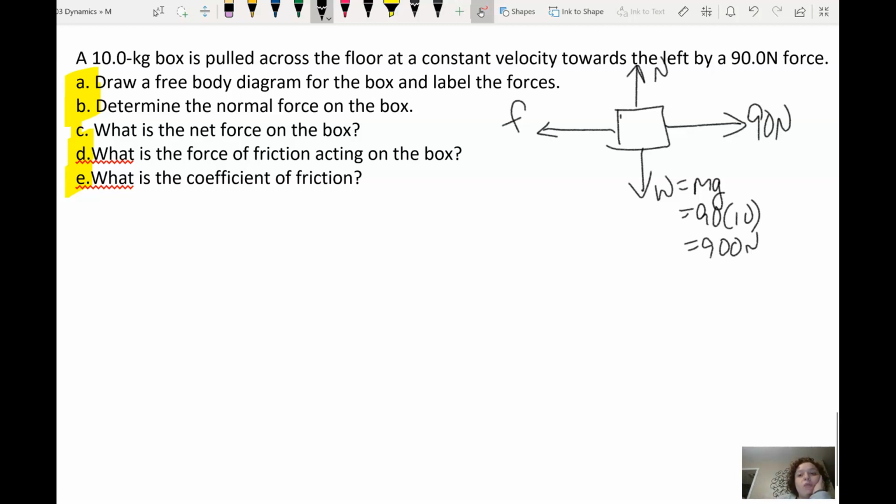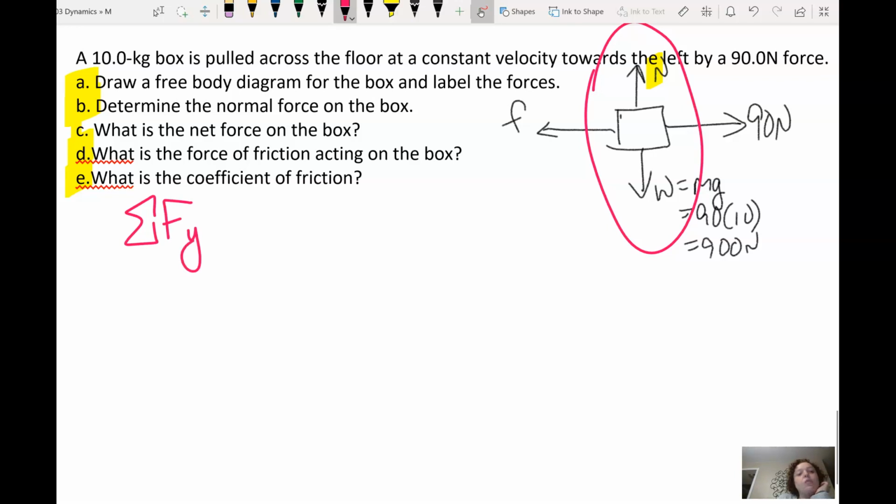Now, normal force, right here, that is in the y direction. So we're going to start by doing the normal force, which is the sum of the forces in the y. Now we say it's equal to mass times acceleration, but in this case, the acceleration is 0, right? Because the box isn't going up and it's not going down. It's staying flat on the surface.